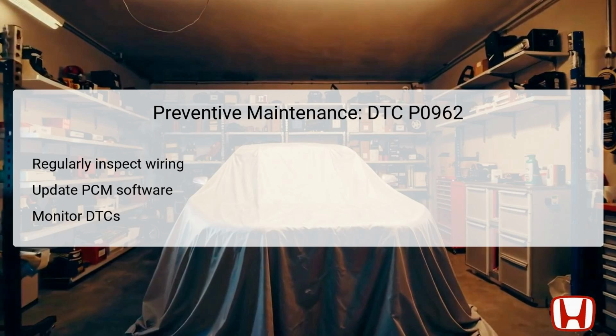Additionally, keeping the PCM software updated with the latest version is crucial, as outdated software can lead to incorrect readings and erratic performance. Lastly, monitoring for any new DTCs during routine maintenance can help catch problems early, allowing for proactive measures before major issues arise.